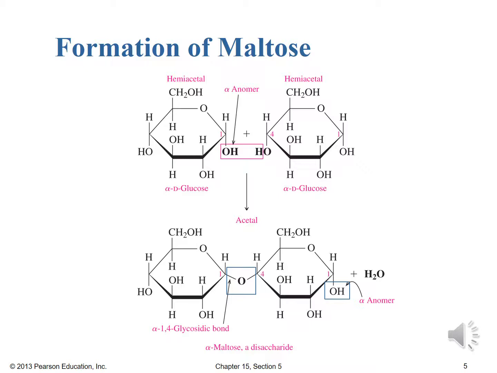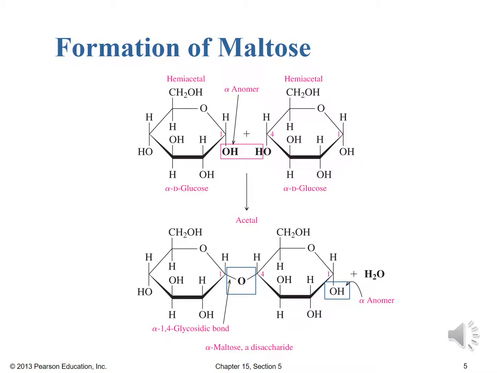And notice in both cases we have an alpha anomer, right? The alpha anomer is the alpha D-glucose on the left and right. Because of the alpha anomer on the left, we form the alpha 1,4 glycosidic bond, and that 1 and 4 refers to the carbon number 1 of the alpha D-glucose on the left, forming an ether linkage through that bridging oxygen with carbon number 4 on the alpha D-glucose to the right.